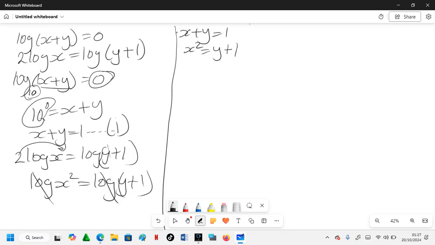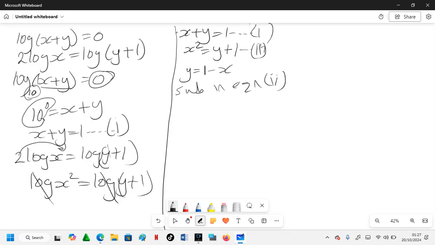And maybe we can use the first equation. We say make x the subject or y the subject, right? Let's make y the subject in equation 1. So y will be equal to 1 minus x, all right? Substitute in equation 2.